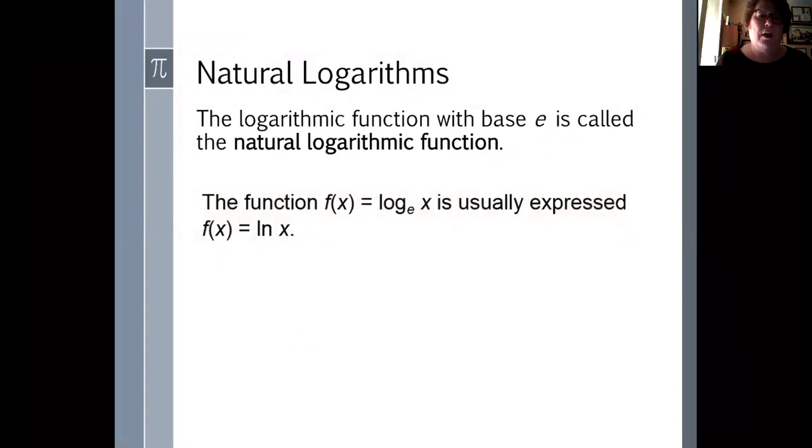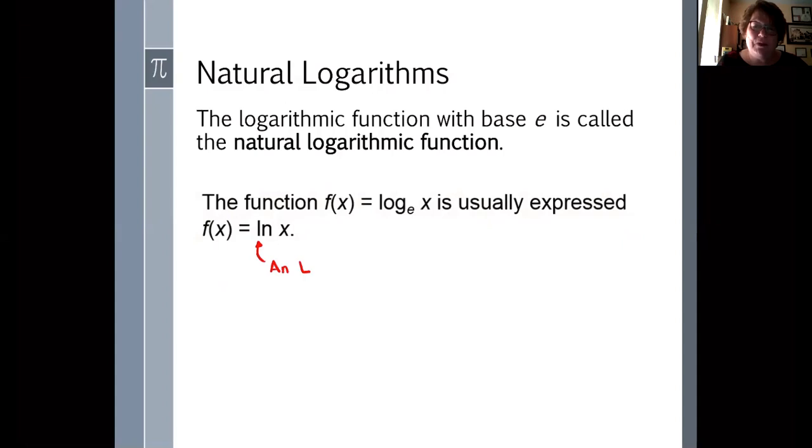All right, so the natural logarithm. The logarithmic function with base e is called the natural logarithmic function. The function f of x equals the log base e of x is usually expressed as f of x equals ln x. And this is an L. You might wonder, why is she overemphasizing that that's an L?